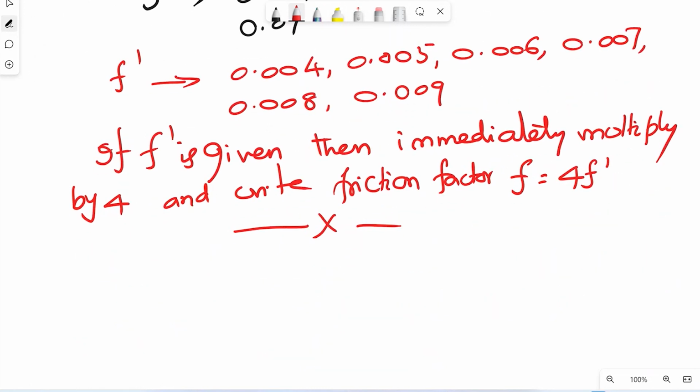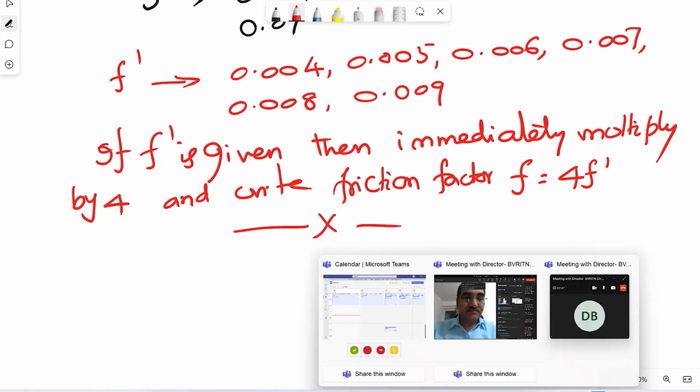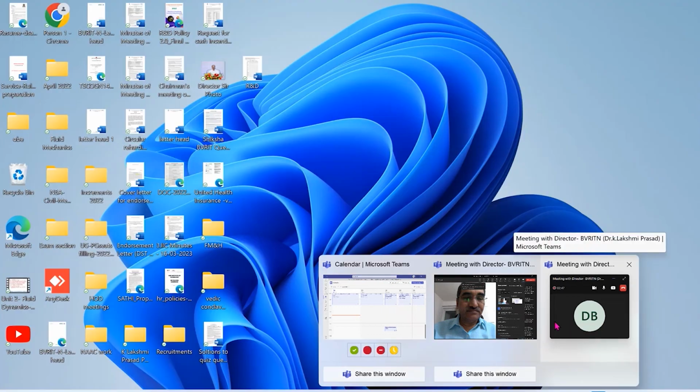So now we have taken up the energy losses in pipes. In that, the major energy loss is the energy loss due to friction. We have completed this derivation, and we stop this lecture at this place.